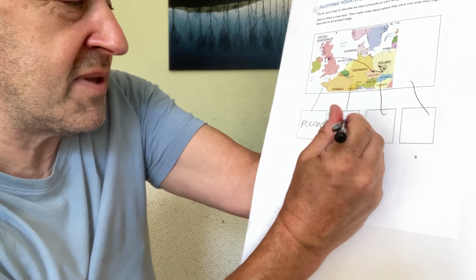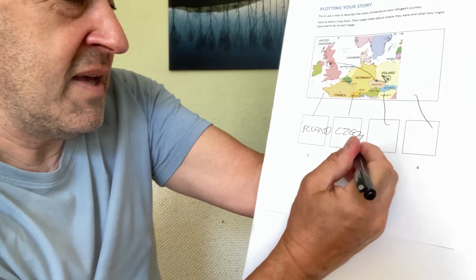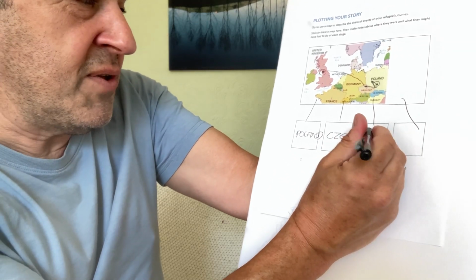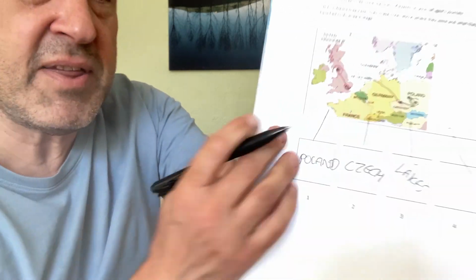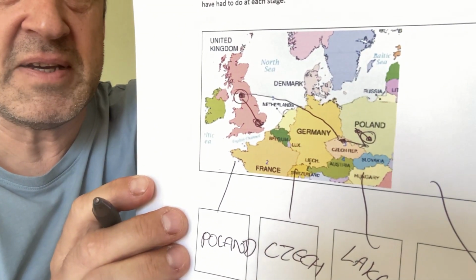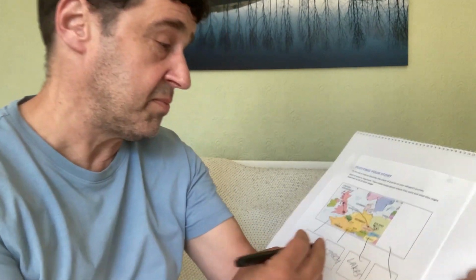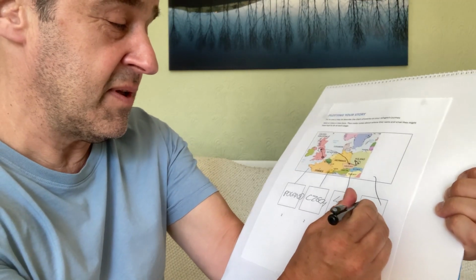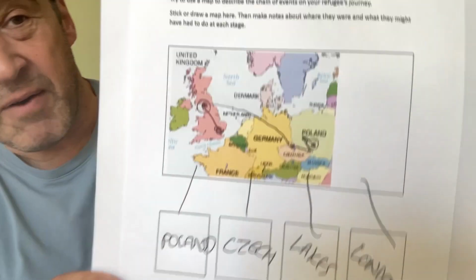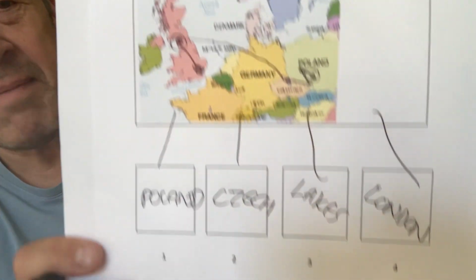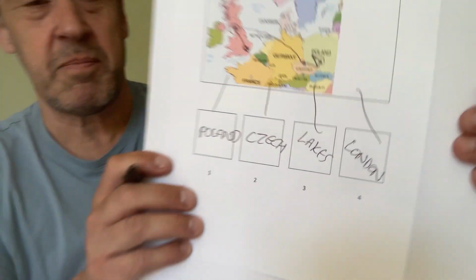Then the Czech Republic. Then he went to the lakes, and then he ended up settling in the southeast of England, sort of North London-ish, although I think he went somewhere before that, which I'd need to double check. So I'll put London, but it's kind of Greater London. So I've got the map of where he went, and I've written down the places.